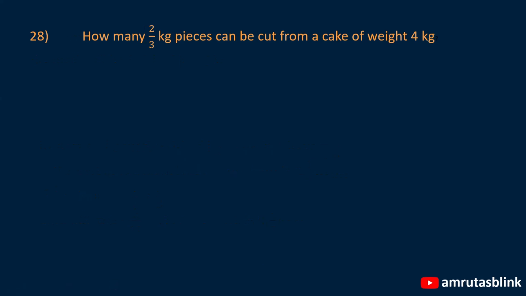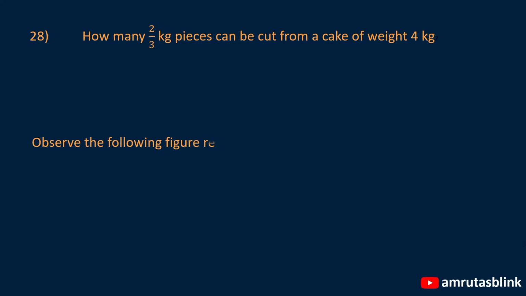We'll move to question number 28. How many 2/3 kg pieces can be cut from a cake of weight 4 kg? What is the given weight of the cake? It is 4 kg. And we need to find how many 2/3 kg pieces can be cut.